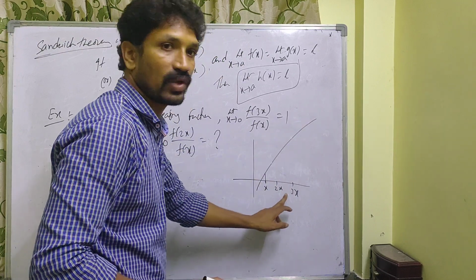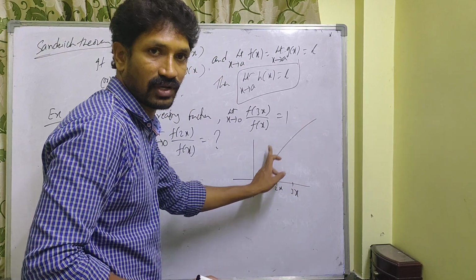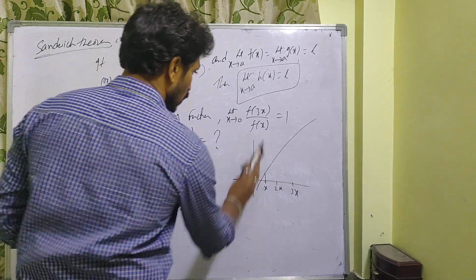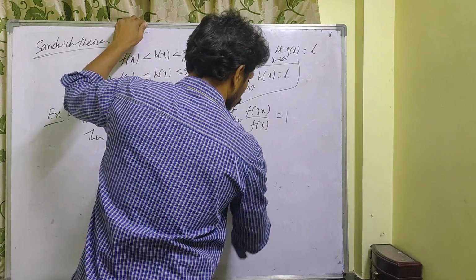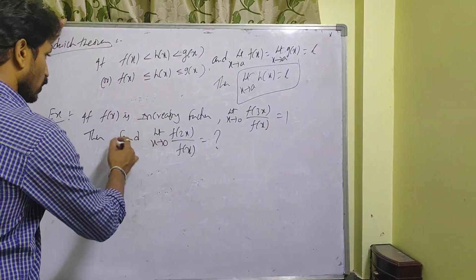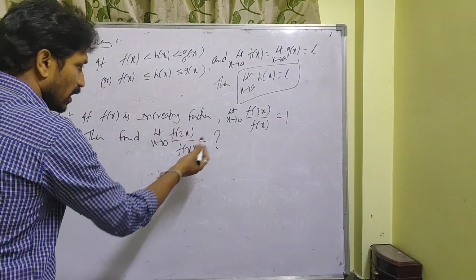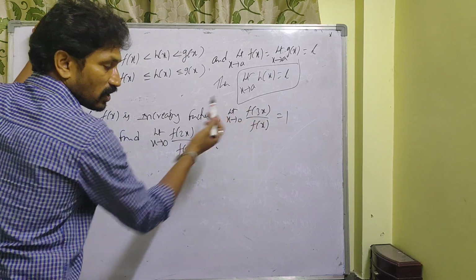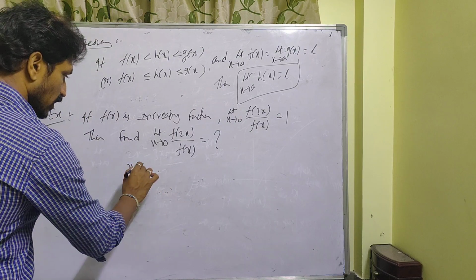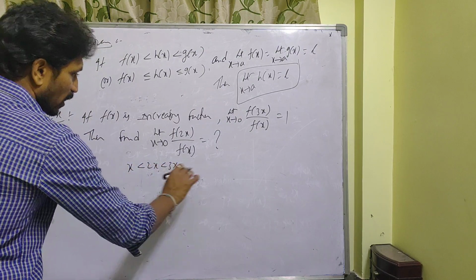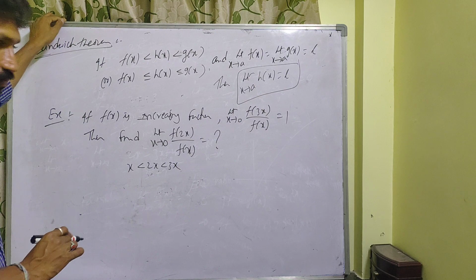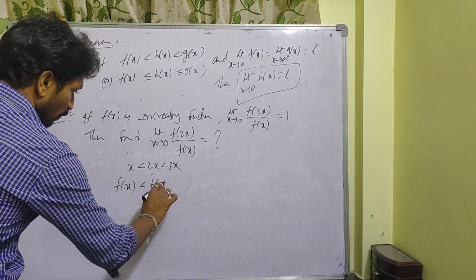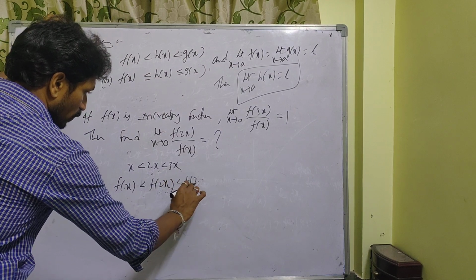So when x less than 2x less than 3x, f of x is also less than f of 2x, which is less than f of 3x. Just understand the concept here. Here the terms you have to consider are x, 2x, 3x only. Since x less than 2x less than 3x, because of increasing function, what can I write? F of x less than f of 2x less than f of 3x.